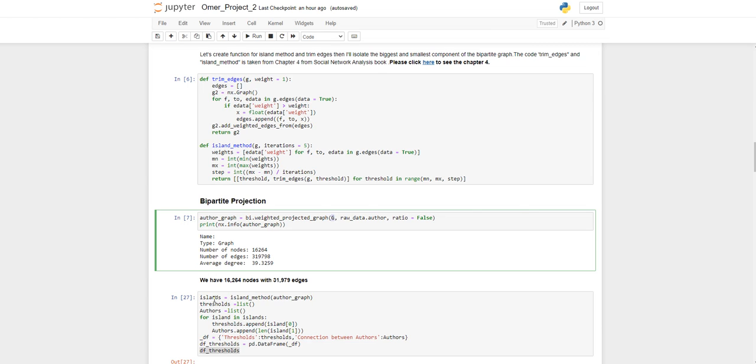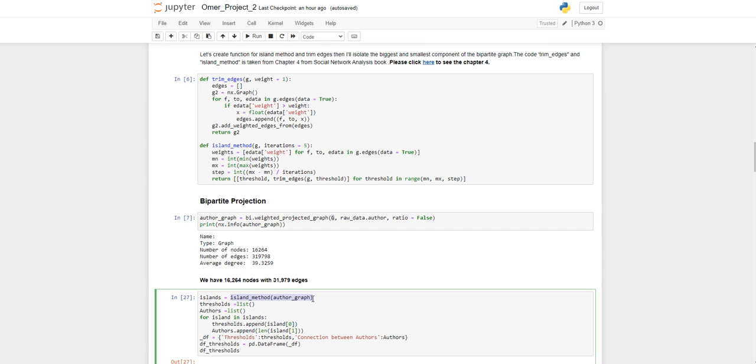The next thing I'm going to do is have this as a method. Since I created the author graph, I'm going to apply the method on that author graph, and then I'm going to create the threshold and the graph author list, and I'm going to append them to each node here.